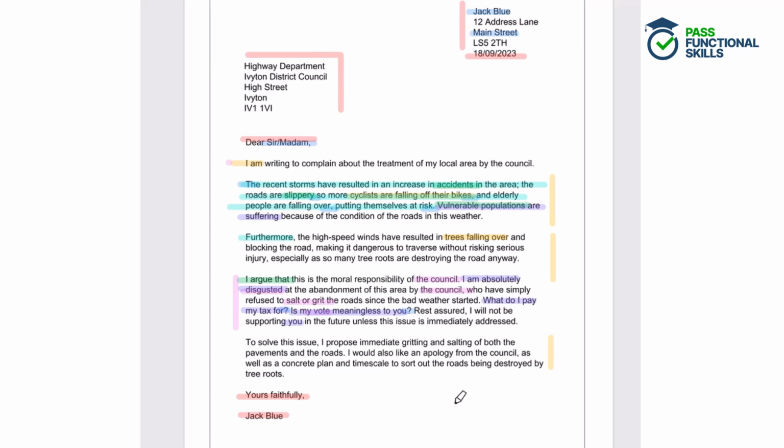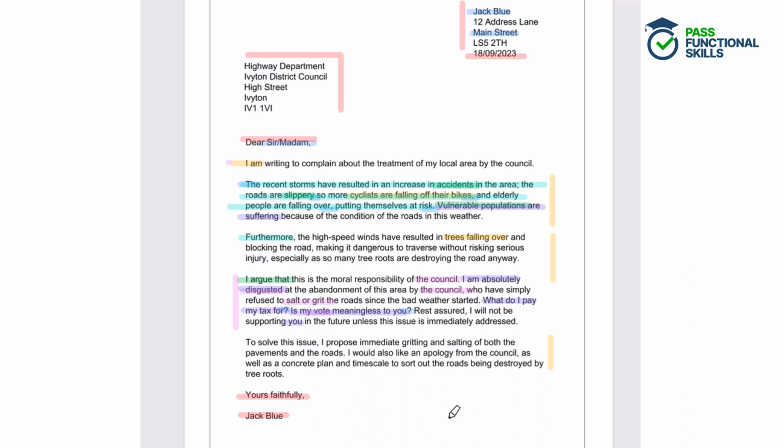The formatting is correct for a letter, and we have accurate spelling and the correct use of a range of punctuation in this answer. The writing is also really appropriate for the audience and purpose specified in the question, and most importantly, the writer's meaning is clear throughout the answer.